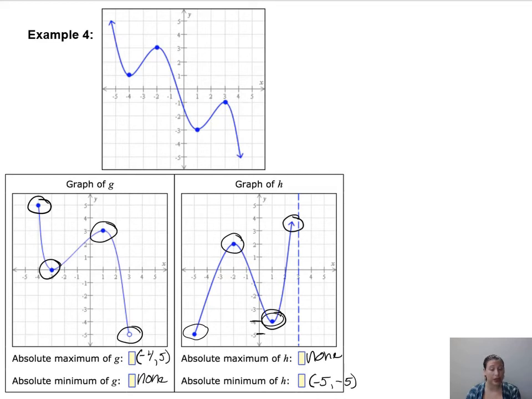Graph G had an endpoint maximum right here, the absolute max, and graph H had an absolute minimum at the endpoint. Sorry, did I say endpoint or absolute? Well, they're both, right? So there's always multiple ways to talk about those different graphs with those points. Generally though, we will use local or relative, and then we'll talk about absolutes. Those are the ones that we use the most.